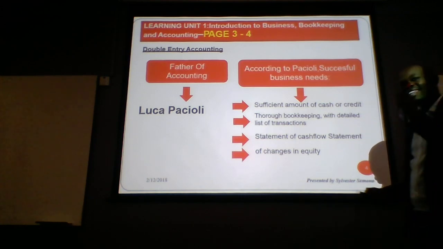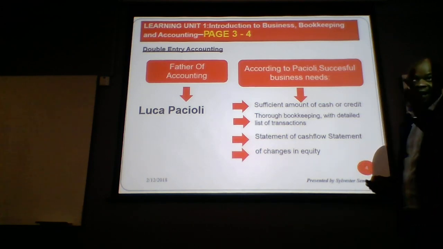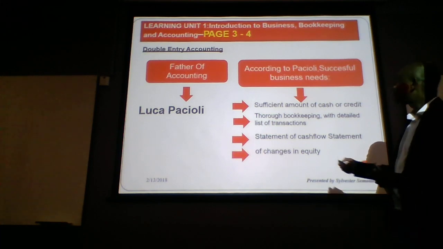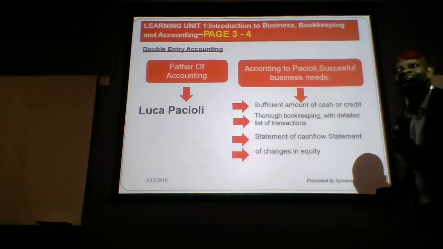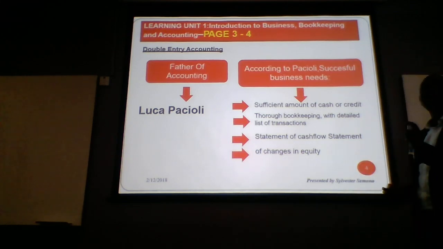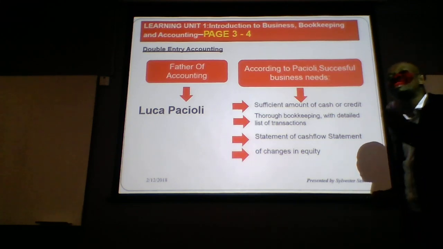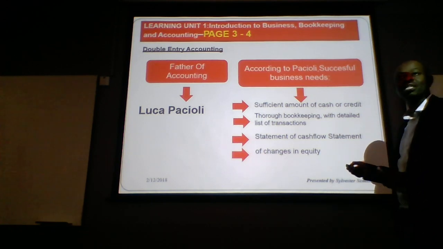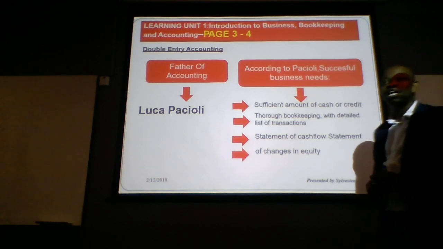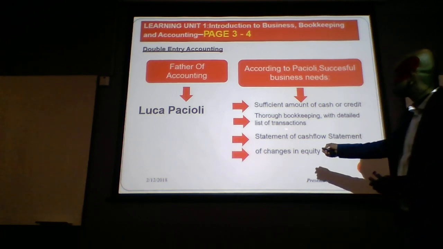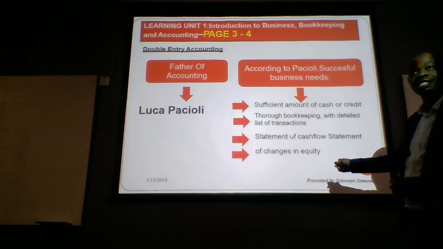Okay. Through bookkeeping with a detailed list of what? Transactions. The main aim why we have accounting or bookkeeping is because we have a list of transactions which need to be summarized. But why are we summarizing them? It's because of the users of that information, which is what? Accounting information. You will see by the time I show you the flow in accounting that everything starts from what? Transaction.